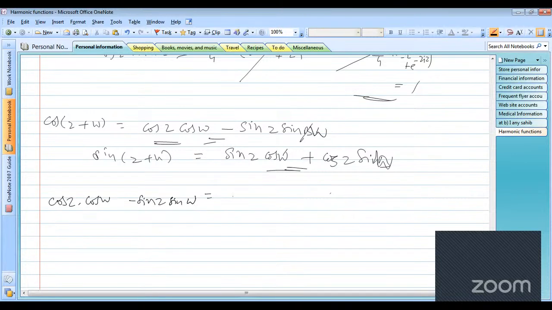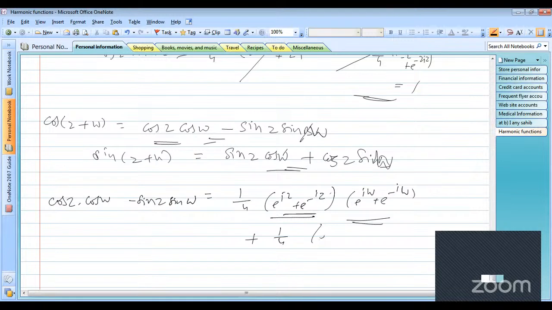So therefore, the fundamental formula: e^{iz}, e^{-iz}, e^{iw} plus e^{-iw}. This is cos z, this is cos w. So cos z cos w plus 1 by 4 (e^{iz} minus e^{-iz}) times (e^{iw} minus e^{-iw}), that is sin z sin w.